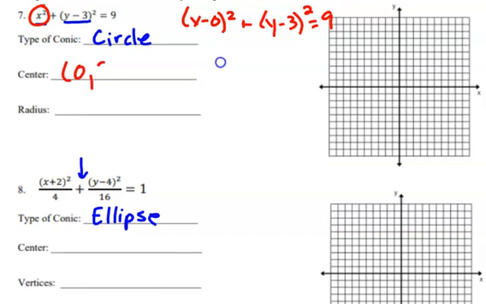Opposite of the y's, y minus 3 is positive 3. So that's the center, 0, 3. My radius is just the square root of whatever it's equal to. So the radius is 3, which means to graph it, I'm going to go right 3, up 3, left 3, down 3. And boom, there is my circle.